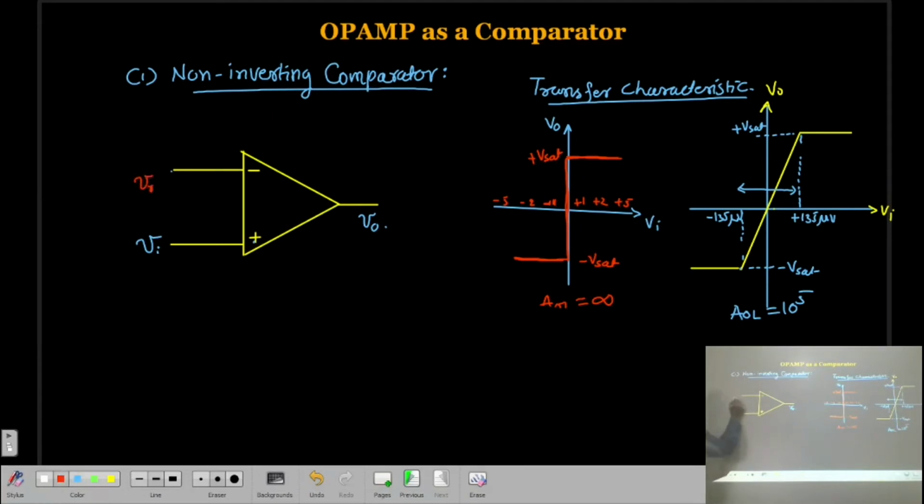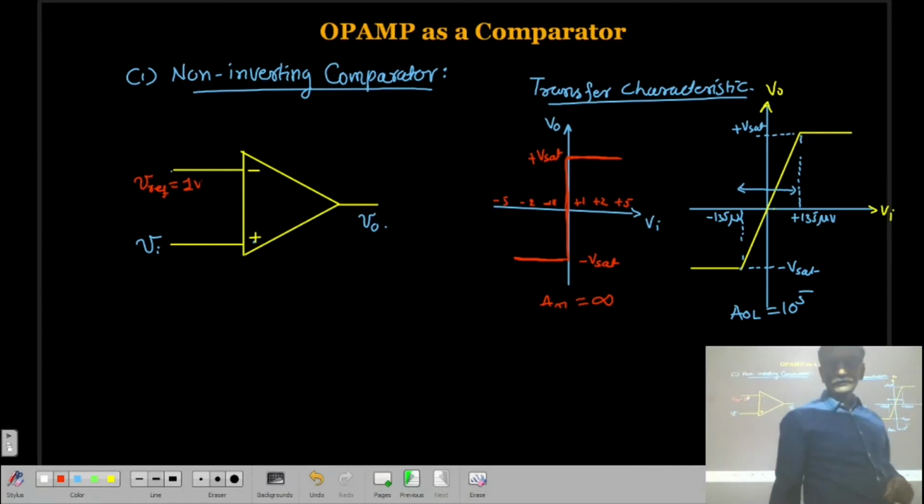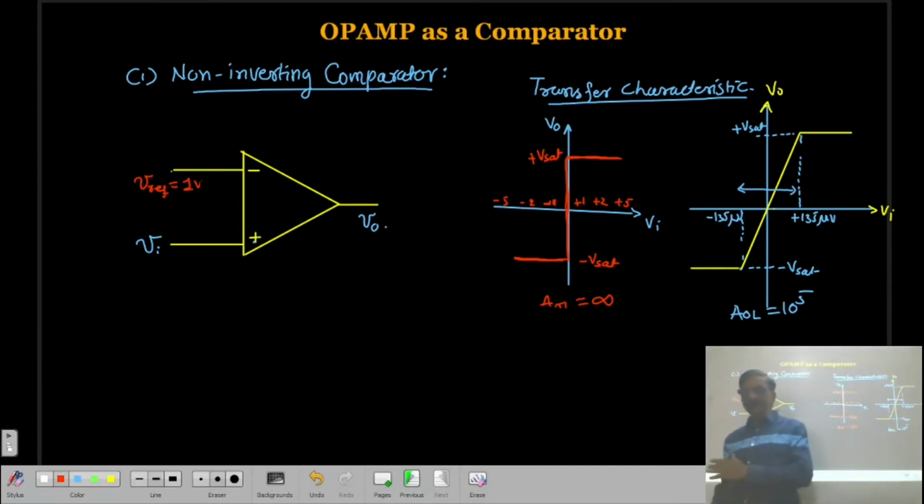We apply a reference voltage of, let us say, 1 volt. So in this case, what will happen? Whenever your input voltage is greater than 1 volt, only then will the op-amp be in plus V saturation.